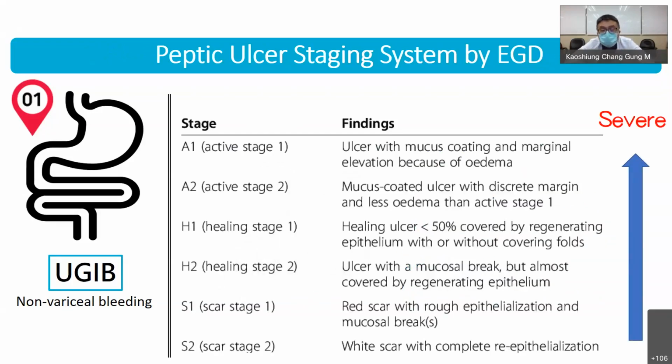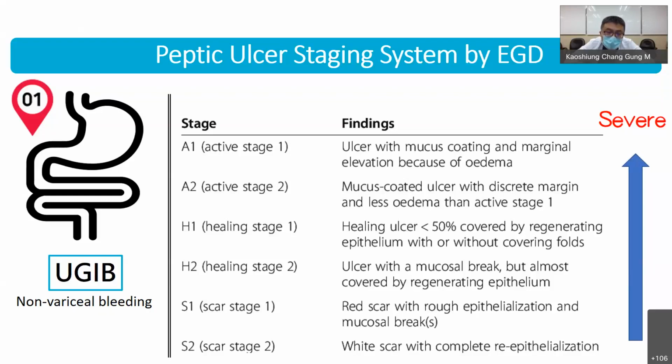This is an example of our EGD report. If patients have peptic ulcer disease, we can describe the ulcer's severity like the table says. We can separate it into 3 parts: active ulcers, including A1 and A2 ulcers, healing stage ulcers, H1 and H2, or ulcer scar.